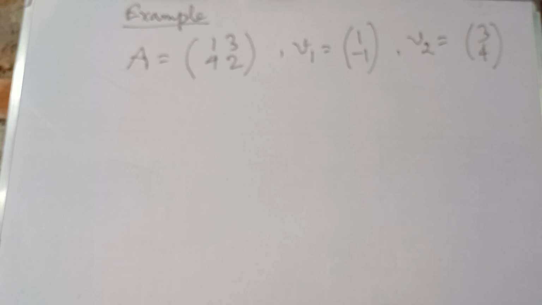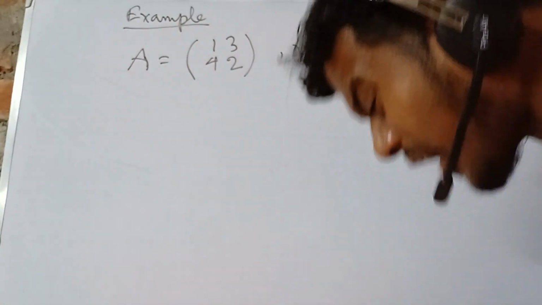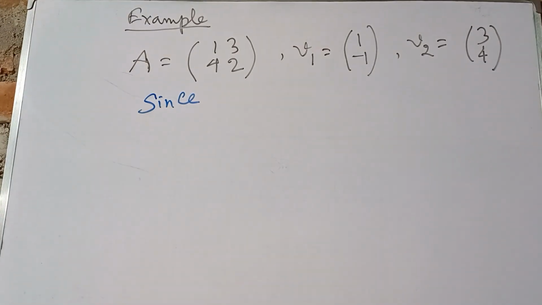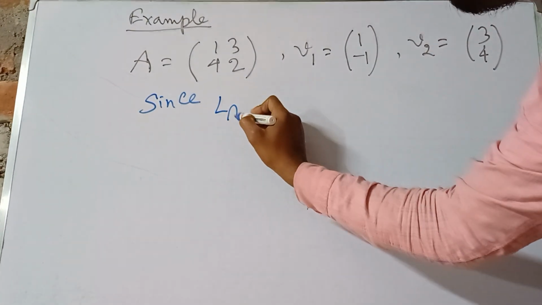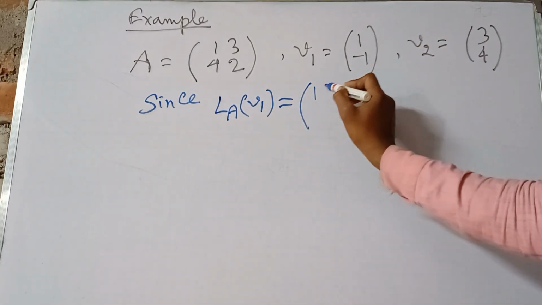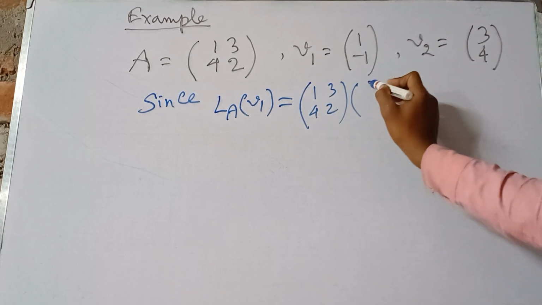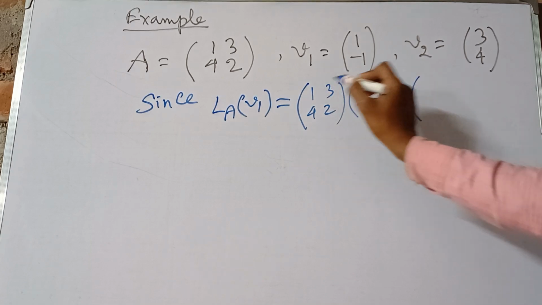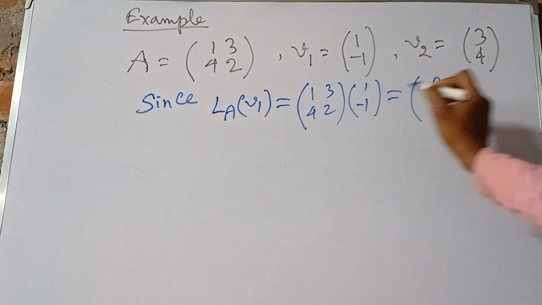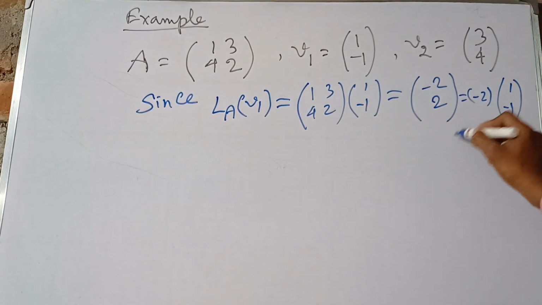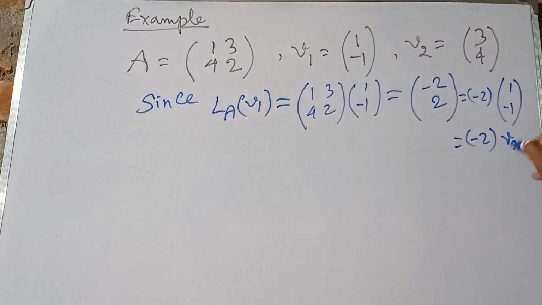Then we write, since L_A v1 equals the matrix 1 3 4 2 times (1, minus 1), which equals (1 minus 3, 4 minus 2), that is (minus 2, 2). Here minus 2 times (1, minus 1), that means minus 2 v1.